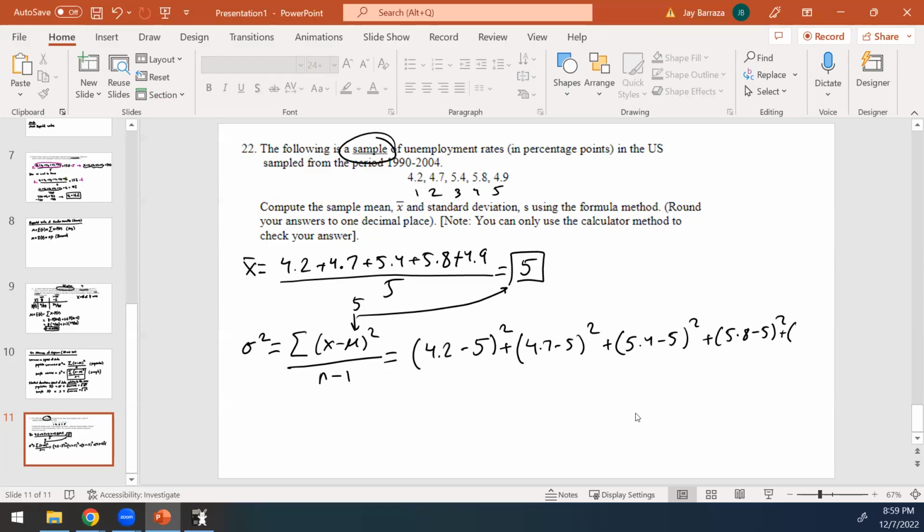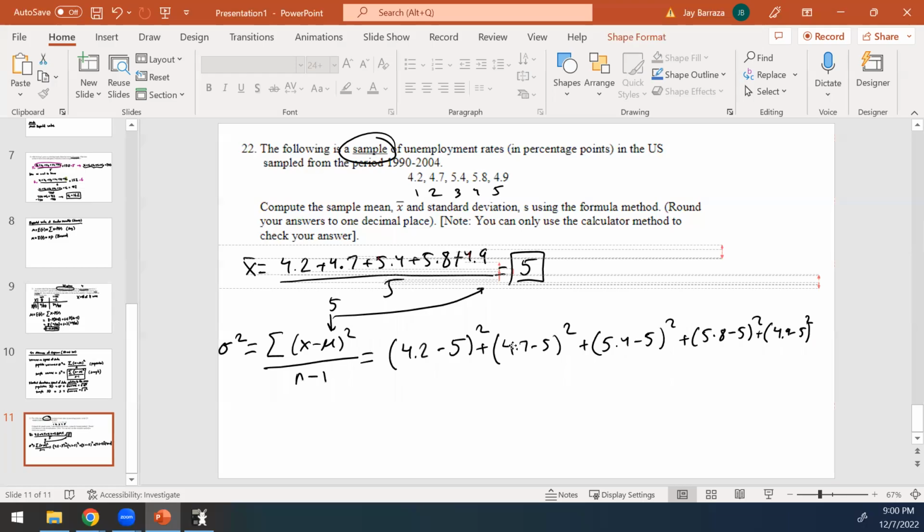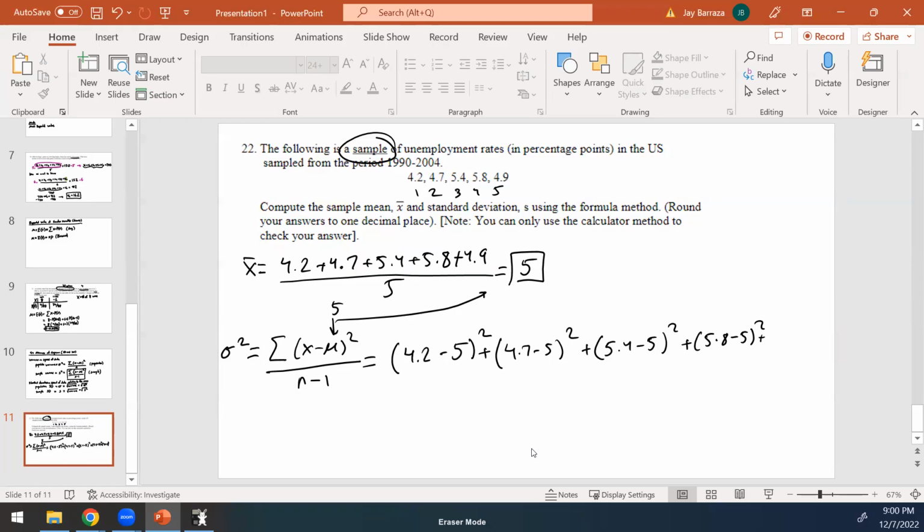Plus 4.9 minus 5 squared. I think I can fit it in there. Sorry, I just don't want to make it a new line. And you're going to divide all of that by 5 minus 1. If you do that correctly, I'm not actually going to spend time doing that by hand. I'm going to assume it's correct, and if I'm wrong, please let me know.